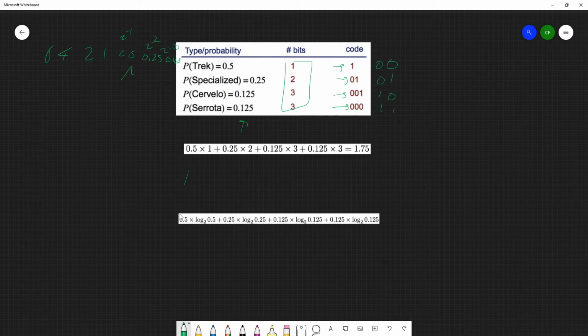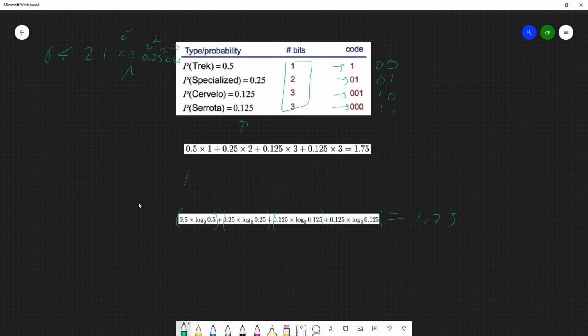So we see here, to get this value, you take 0.5 times the log 2 of 0.5, then 0.25 times the log of 0.25, 0.125 times the log of 0.125, and so on and so forth. This one happens twice. And that will give you the same value. This will still equal 1.75, and that'll work regardless. So you don't need to know how many bits ahead of time. You can calculate it using that equation.